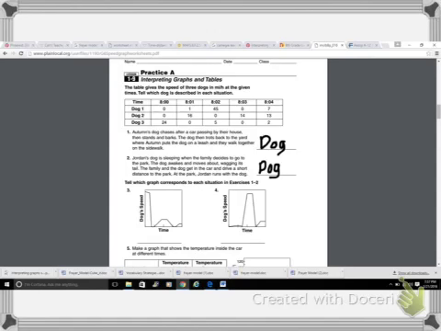Dog 3 says 24 miles per hour, which could be true, but let's keep going to make sure we're right. Okay, so once he chases the car, he then stands and barks. If he's standing, I have a horizontal line, which lets me know that he's not going anywhere, so his speed would be 0.